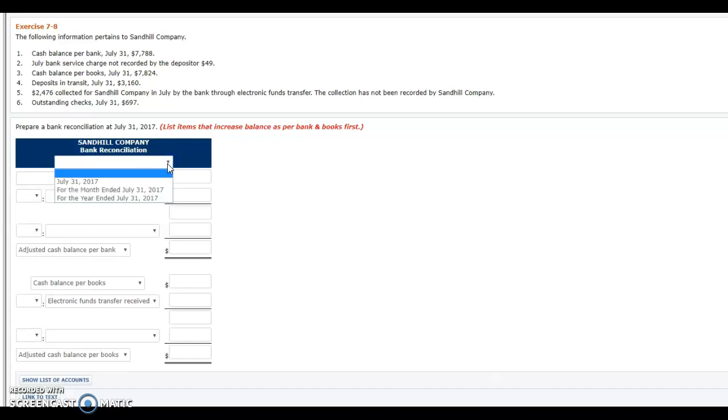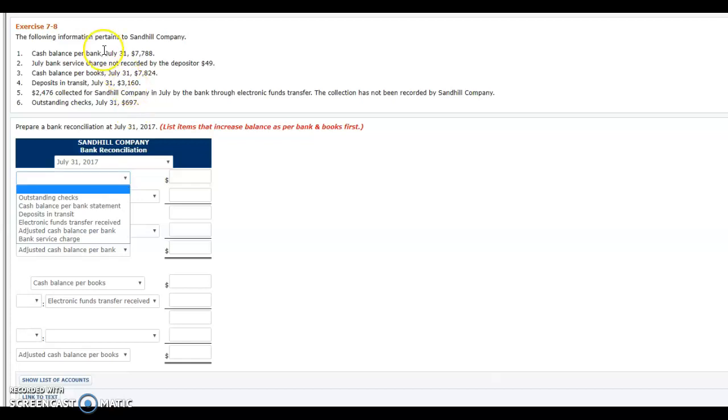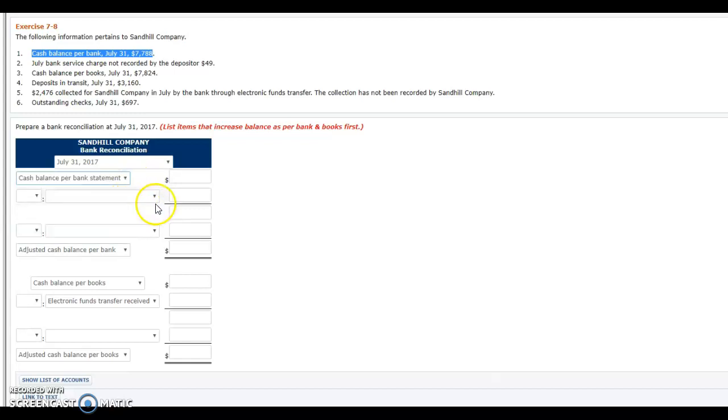So anyways, we start with the date, and we will start with the cash balance up here. We put in the cash balance per the bank statement, so that gives us something to start with.